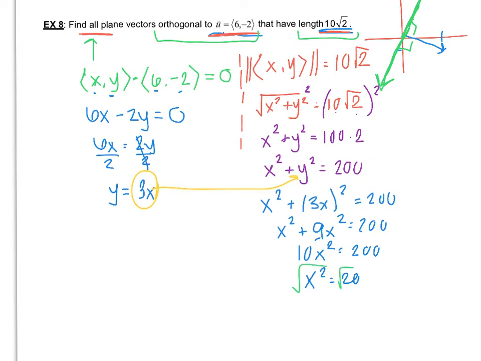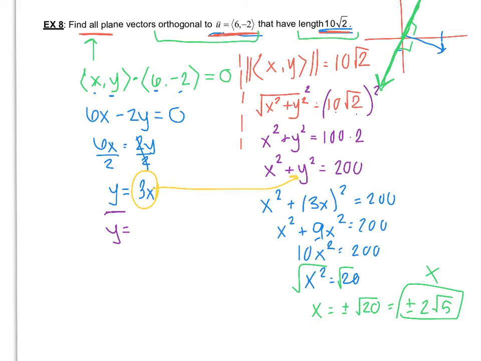So now we get two possible solutions for x when we take the square root of both sides. We get x equals positive or negative root 20. Since root 20 is the square root of 4 times 5, that 2 comes out. So here are our possible values for x. Now that we have these, we go back to y, and we need to find our possible values for y.